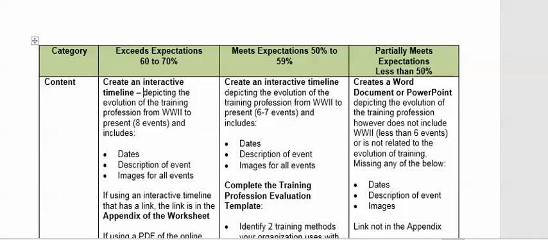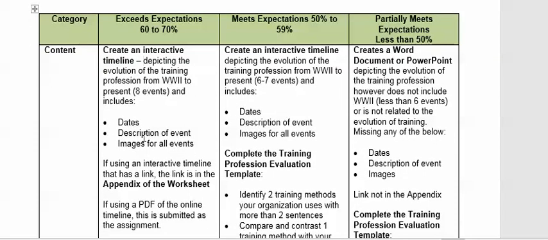Now, those are the assignment directions, but in order to earn these various increments, you will put 8 events in your timeline for the most points, 6 to 7 for less points, and so forth. You're going to include dates, description of the event, and images for all events. That's the same here.